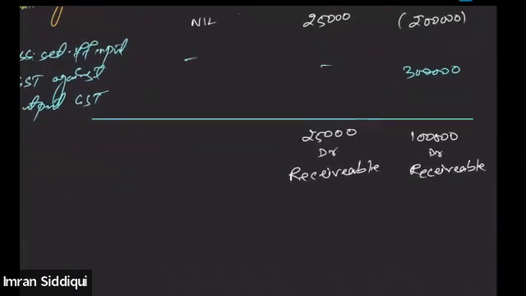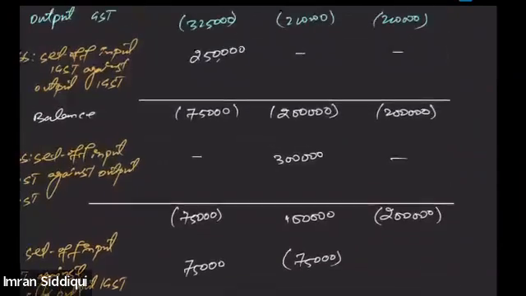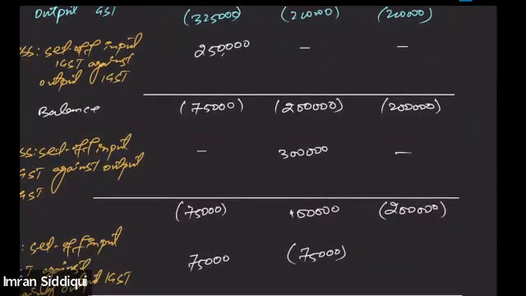Got it? Everyone, is this clear? Now, how is it different from the previous question? This is different from the previous question in a way that this time the balancing value of the output IGST is being utilized to set off the balancing value of the input CGST.